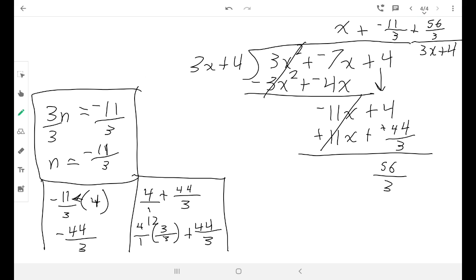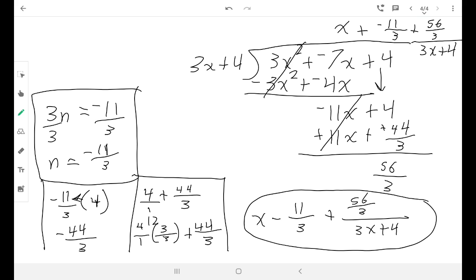So let me write the answer real clear here. The answer is x plus negative 11, which you might write as minus 11 over 3, plus 56 over 3 over 3x plus 4, and there's the answer.